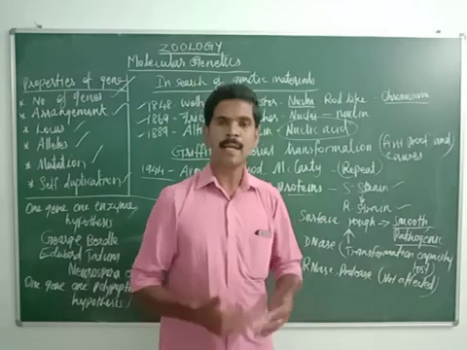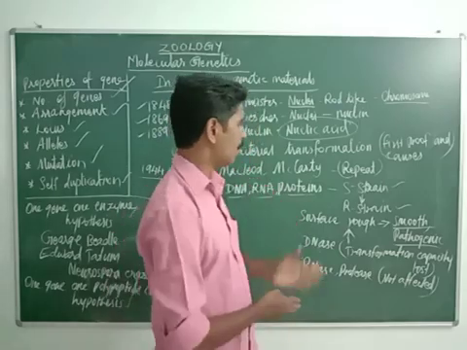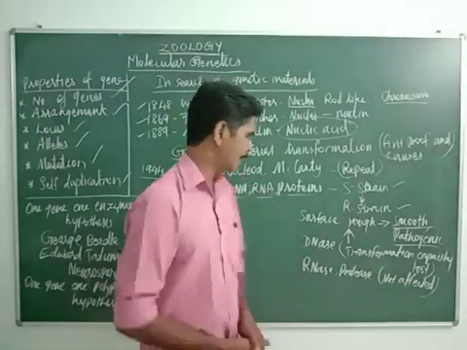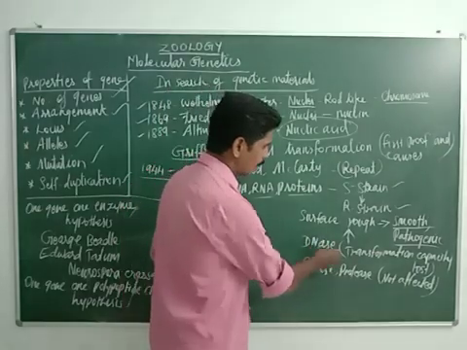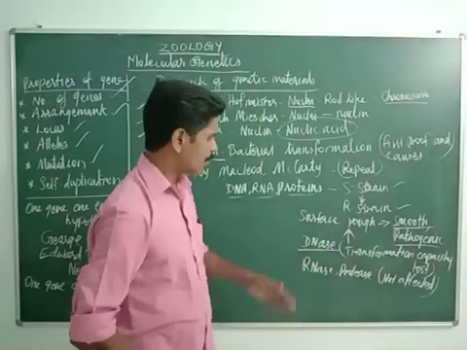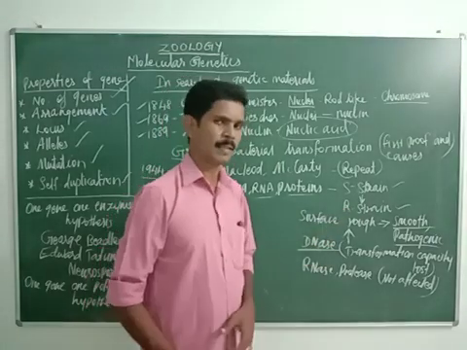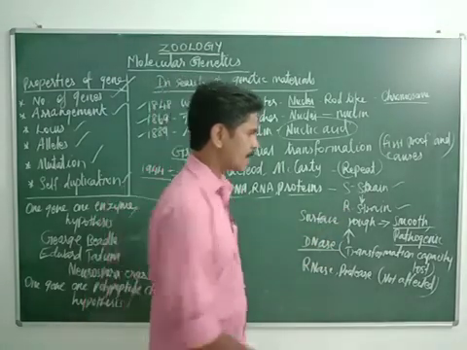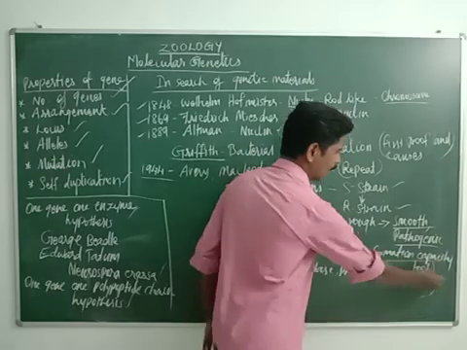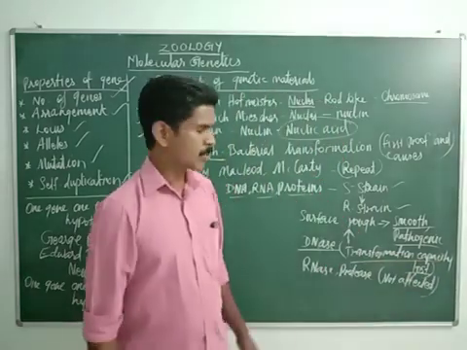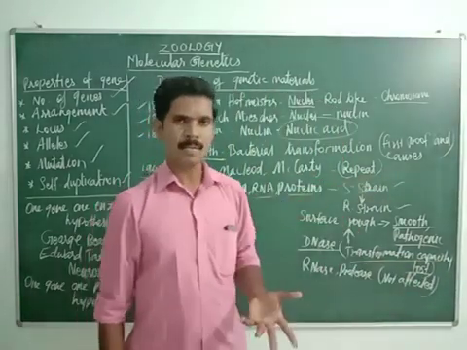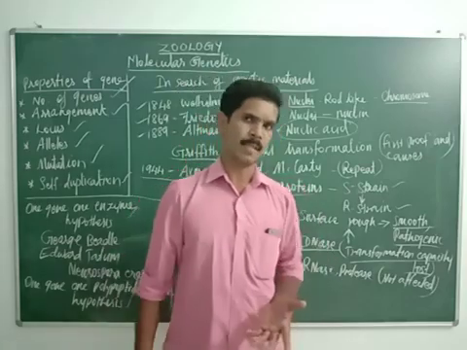Then they added one enzyme, called DNase. When they added this DNase enzyme, the transformation capacity was lost immediately. The bacteria lost their transformation capacity.